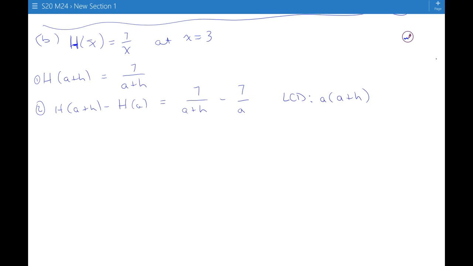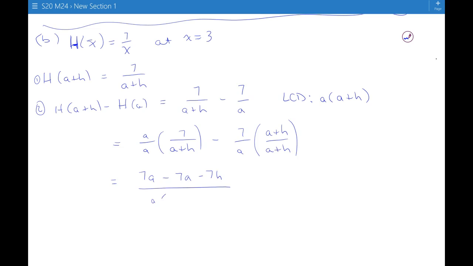They don't have anything else in common. So I'm going to multiply the first fraction by a over a, and the second fraction by a plus h over a plus h. Then I combine them over one denominator, and the 7a's will cancel.